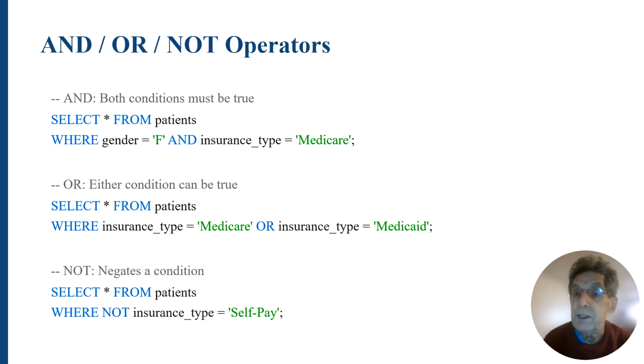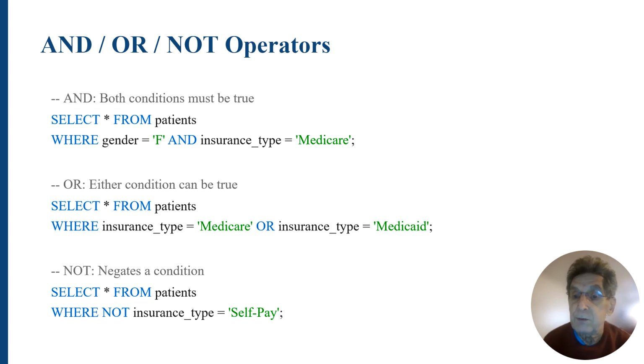Now, let's combine conditions using logical operators AND, OR, and NOT. AND requires both conditions to be true. In the first example on the slide, we're finding patients who are female and have Medicare. Both must be true for a row to be included, to be selected. OR requires at least one condition to be true. The second example finds patients with Medicare or Medicaid.